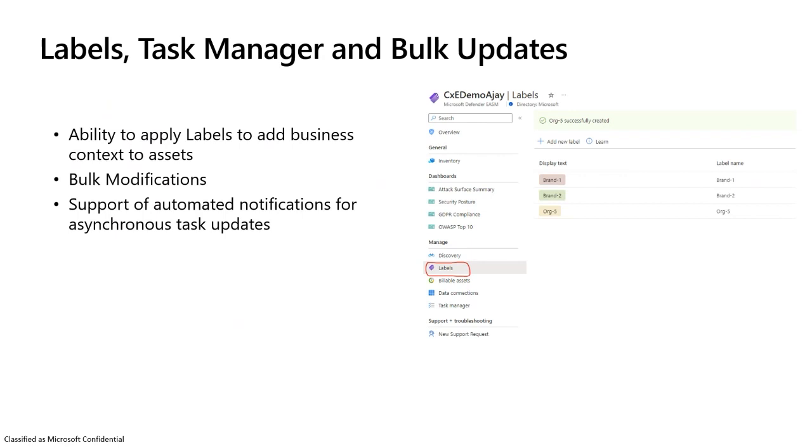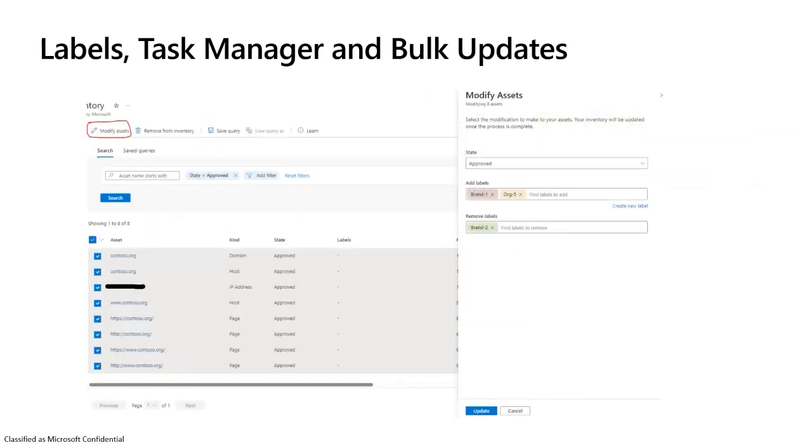And we have something called a task manager. The task manager is basically a tool that tracks and monitors your bulk updates. So you can do any updates like it's shown here, modified assets. You can add labels, remove labels, change the state of the asset.